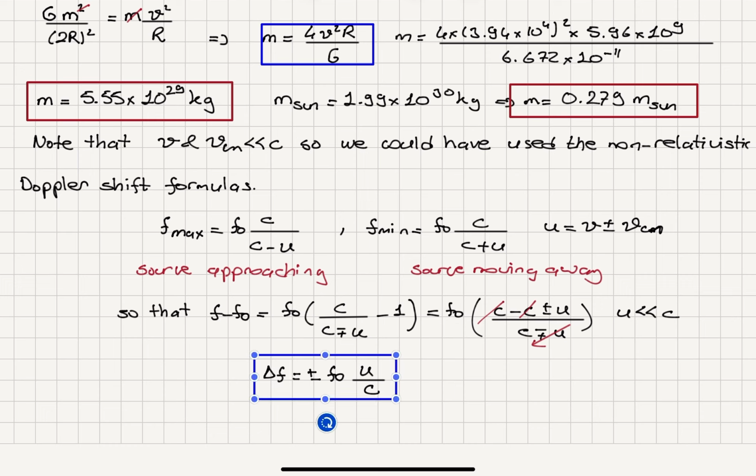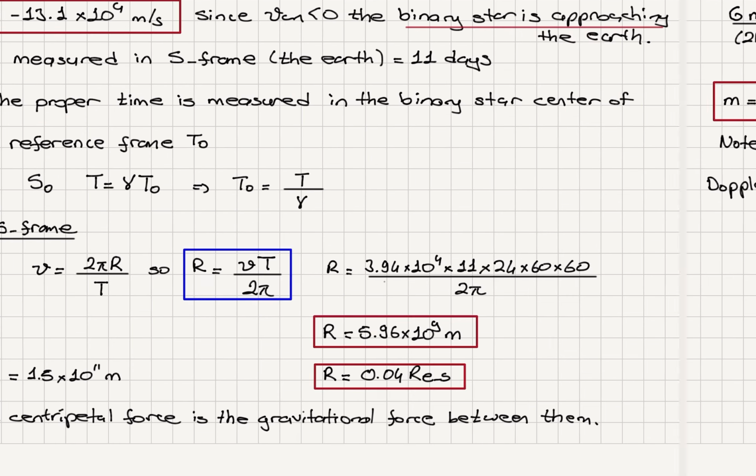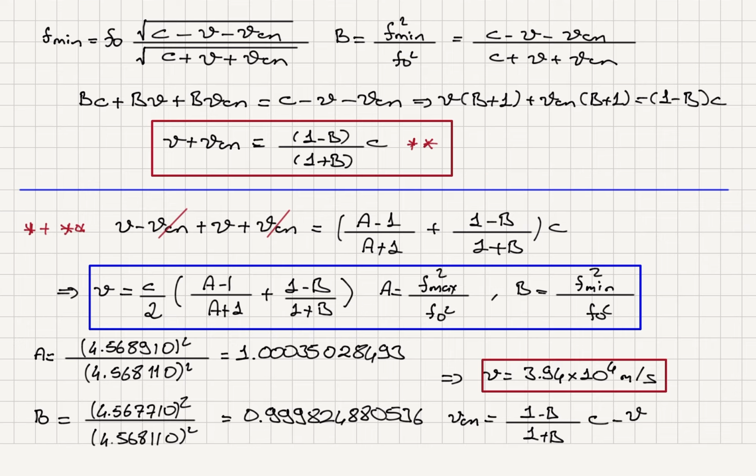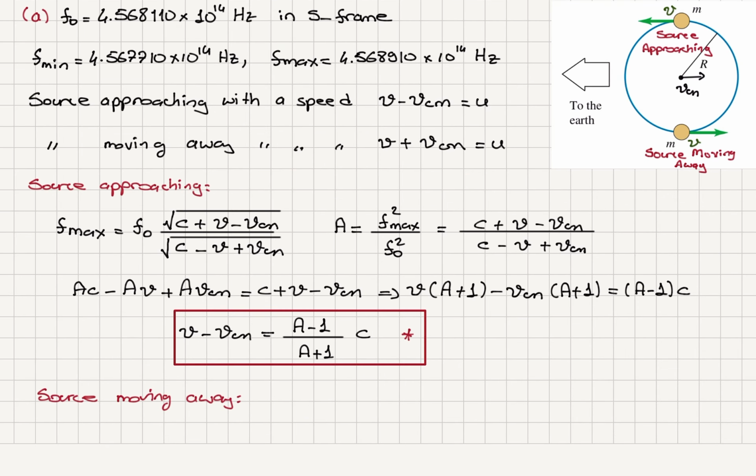So this is our non-relativistic Doppler shift. Okay, so just to note here, this is an acceptable approach as well, because we do have this condition being satisfied in this problem.